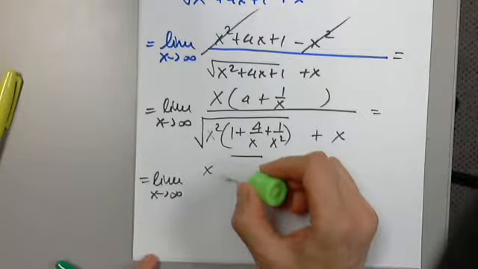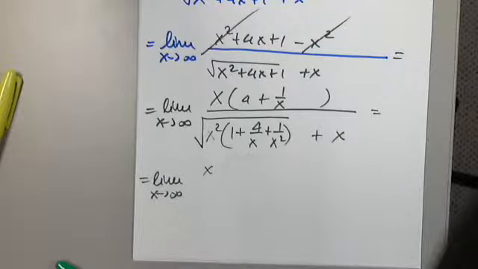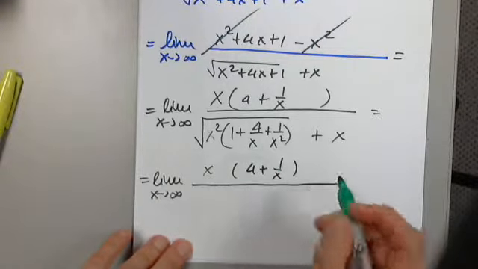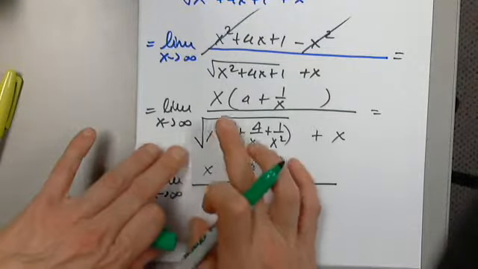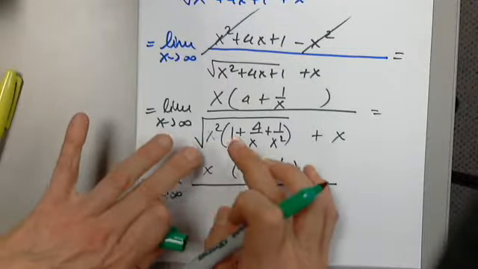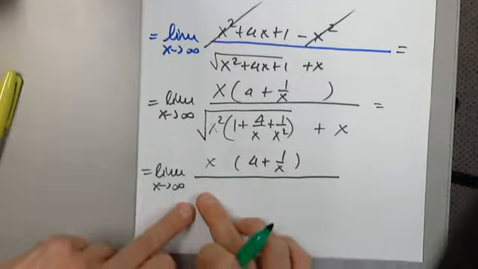Makes no sense. So this is only 4 plus 1 over x. So I have to ask myself, what is the square root of x squared? And this tells me what to replace it by. The square root of x squared, because x approaches infinity, will be? Very good.